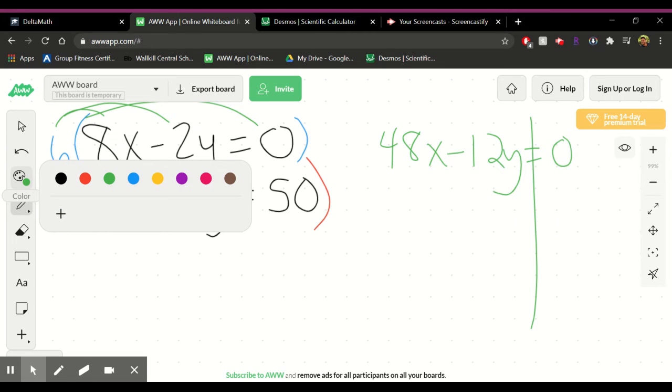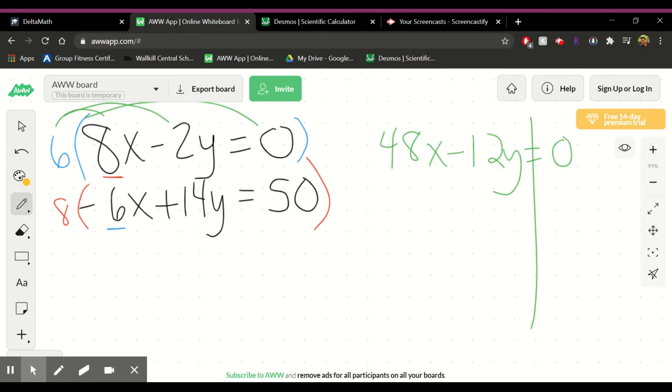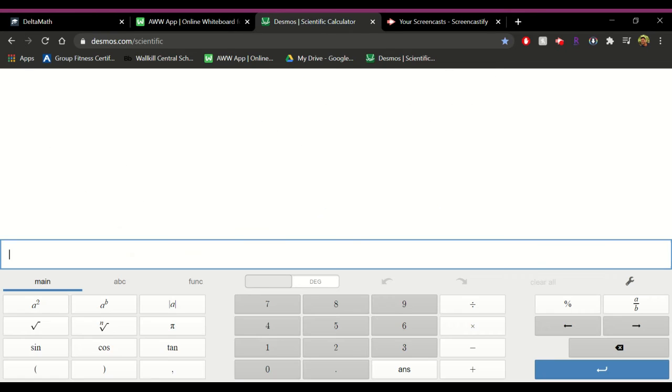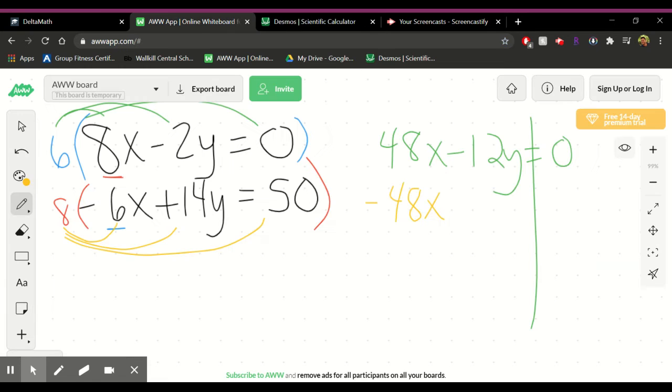Over here, when I multiply these, 8 times negative 6 is negative 48x. 8 times 14 is 112. Positive or negative? Positive.